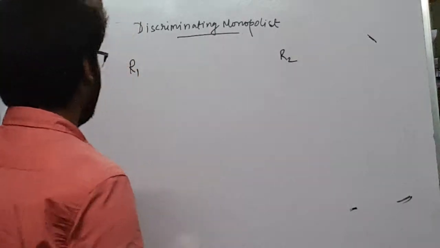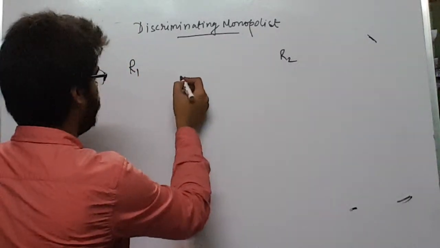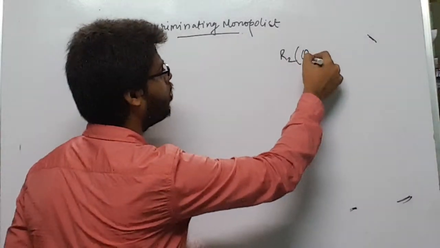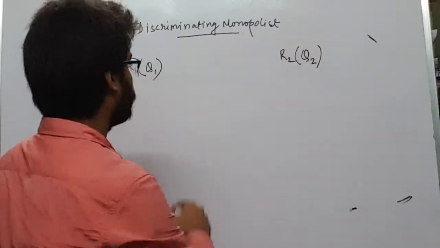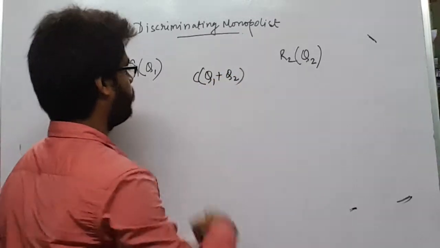So R1(Q1) and R2(Q2). Now the cost function is single. The cost function would be C(Q1 + Q2).